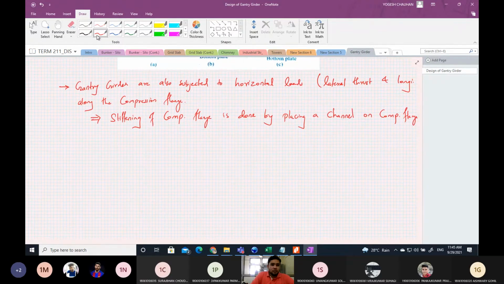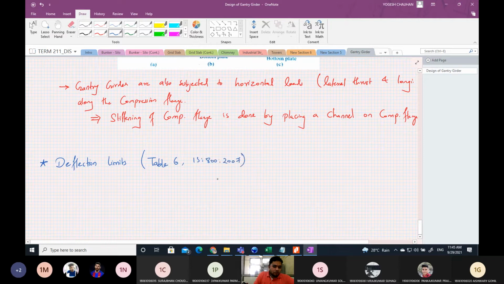Now let us see the deflection limits given in the code. This can be seen in table 6 of IS 800 2007.